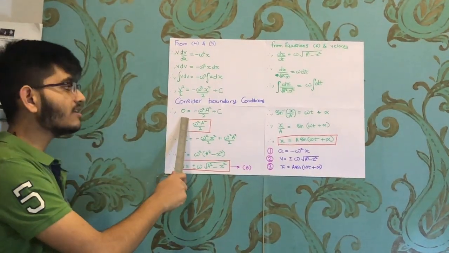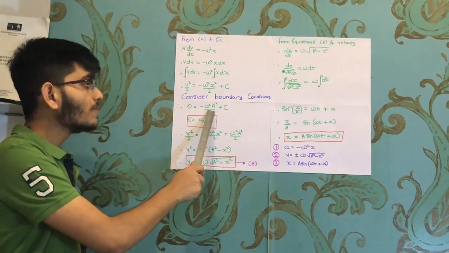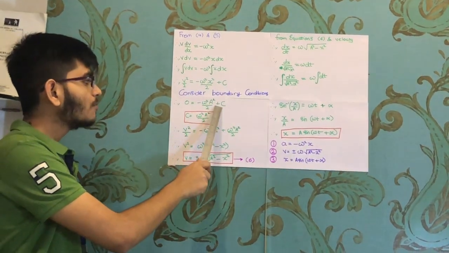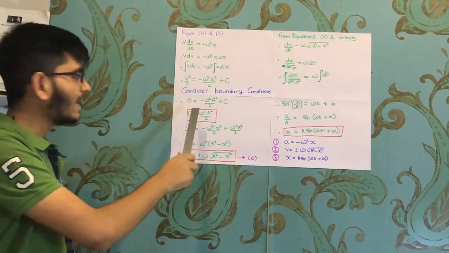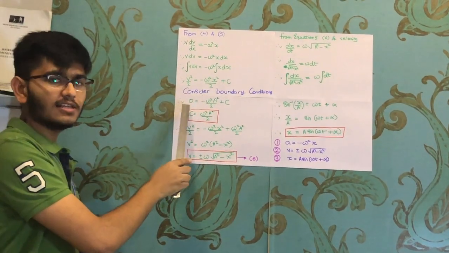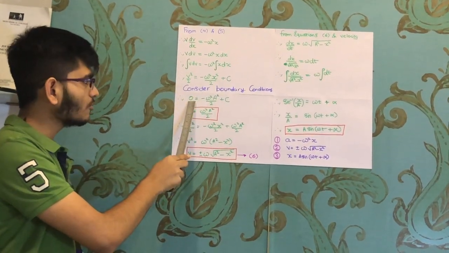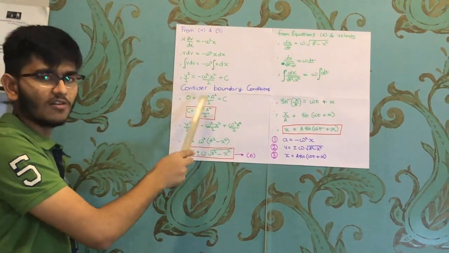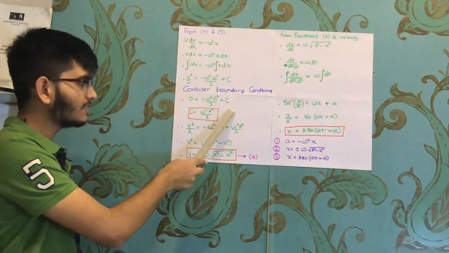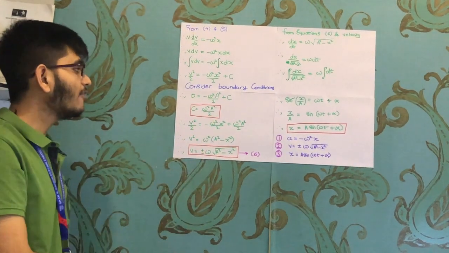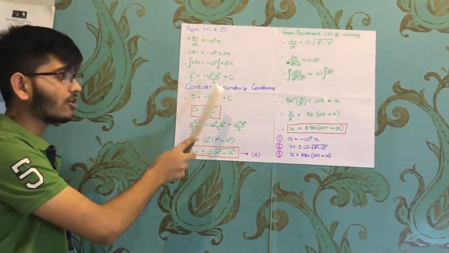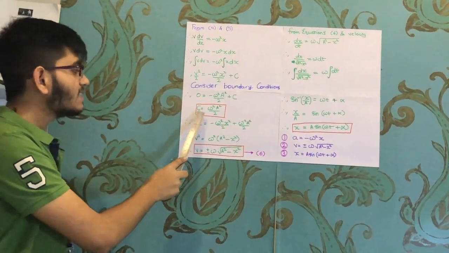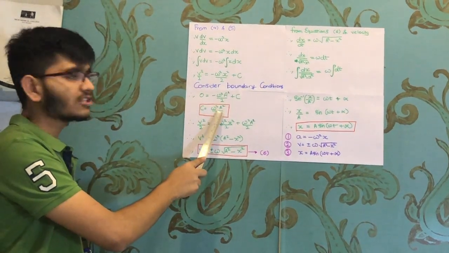Therefore 0 is equal to minus omega square a square by 2 plus c. How did I get this? Velocity is equal to 0, I substituted over here, and x is equal to amplitude, that is a. Therefore, taking minus omega square a square by 2 to the LHS, we get c is equal to omega square a square by 2.